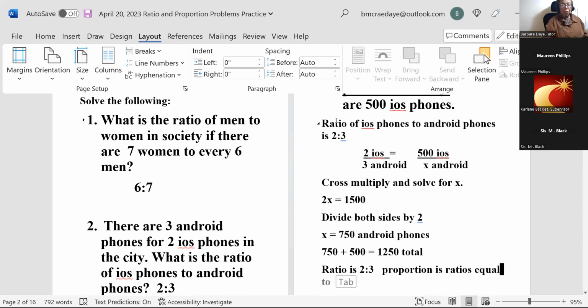So ratio 2/3, ratio 500/x. When I set them equal, that's a proportion. The ratio is just the two quantities. The proportion is an equality of the two ratios. You got it?